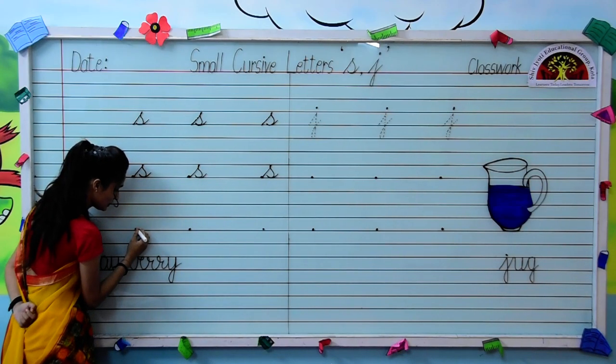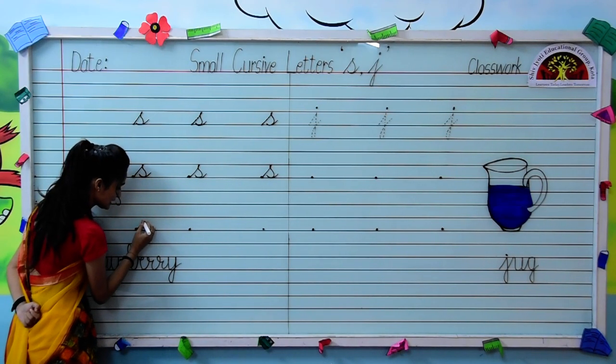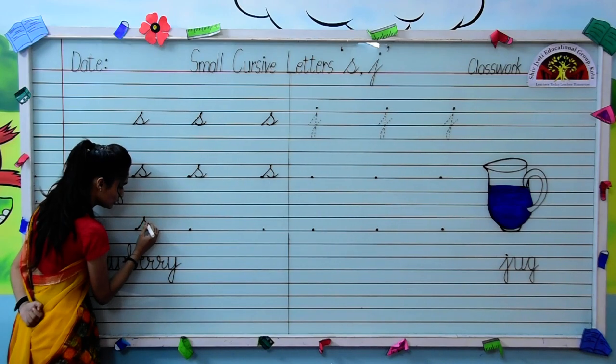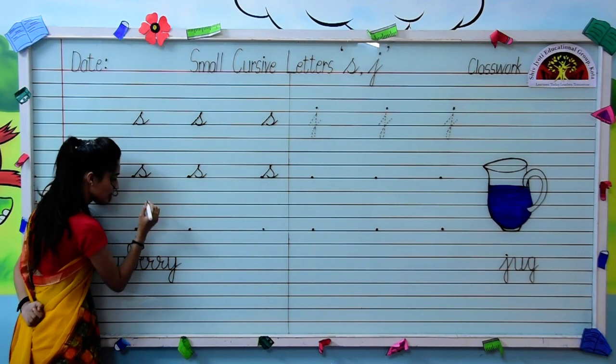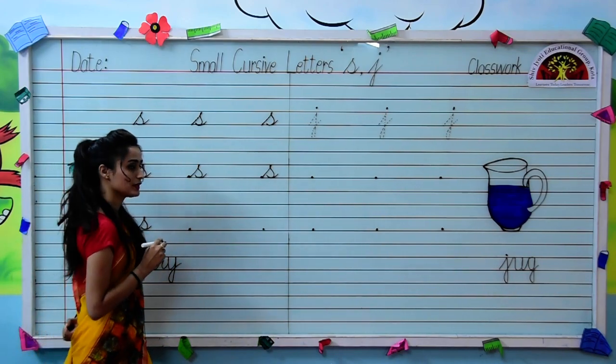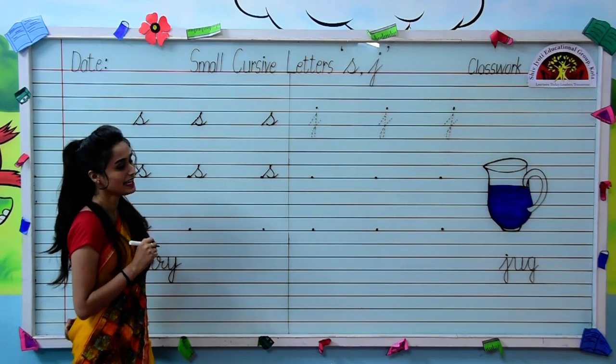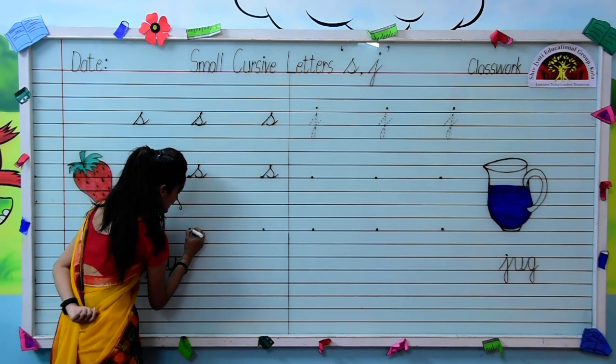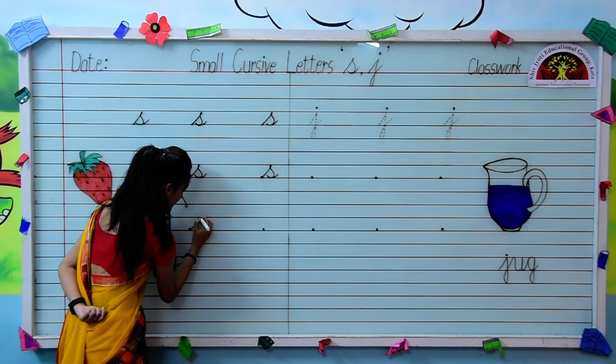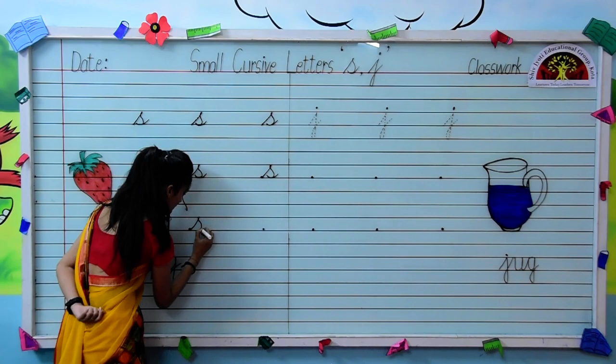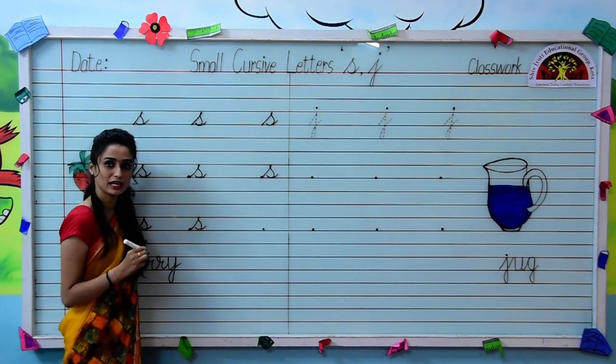Then come again, look over here, slanting line up, make a loop, make a curve, touch the third line and out like this. This way you can make your small cursive letter S. Once again let's see, slanting line up, make a loop, curve, touch the third line and out like this.